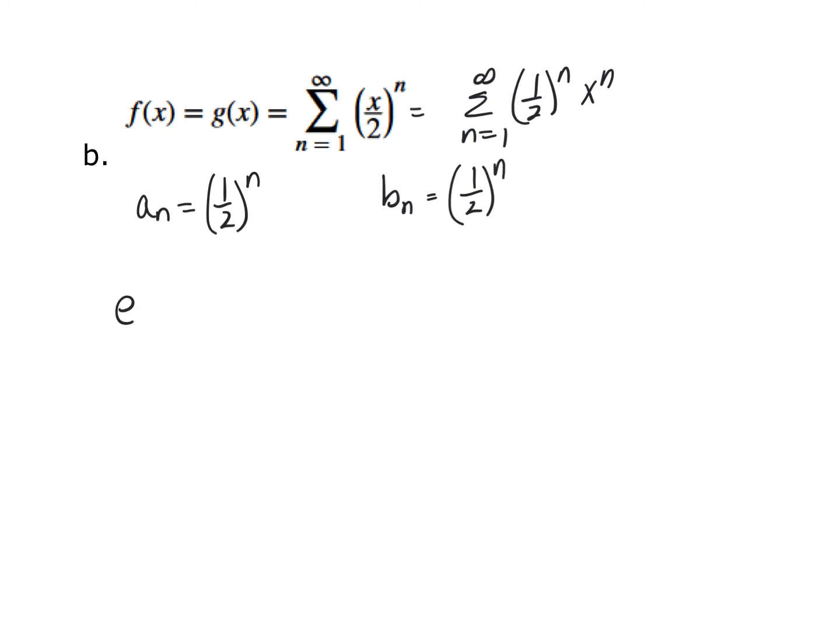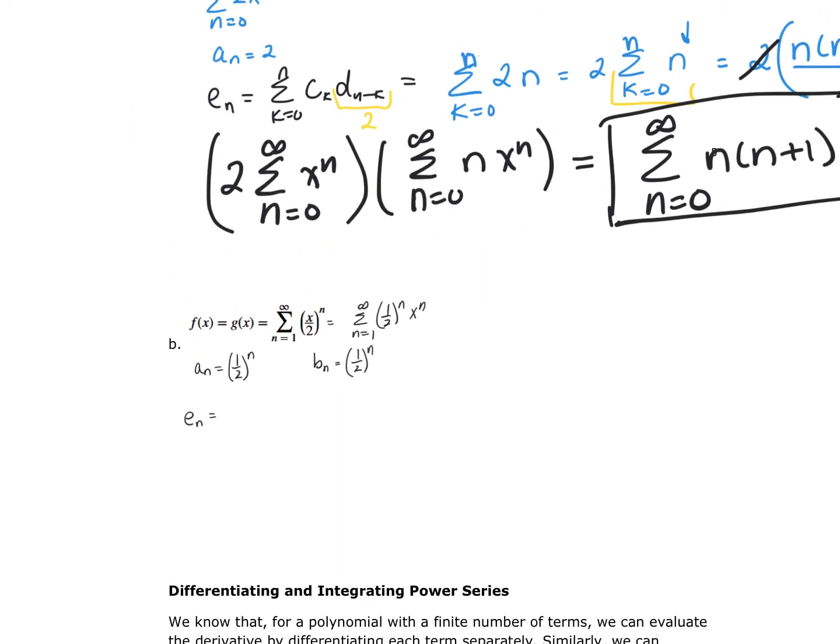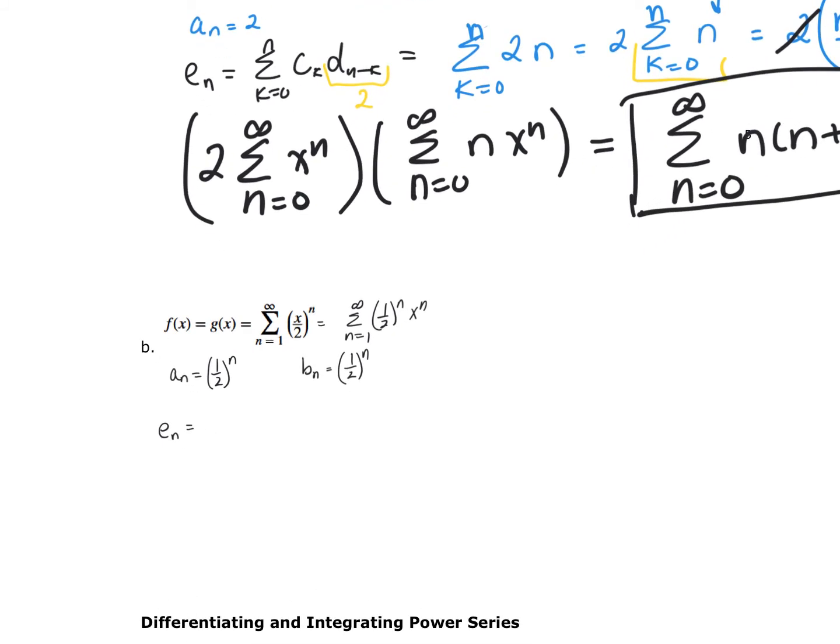My Cauchy product, e sub n, is again, my formula is the summation of k equals 0 to n, not infinity, k equals 0 to n of c sub k d sub n minus k, which is going to be the summation of k equals 0 to n of 1/2 raised to the k times 1/2 raised to the n minus k.